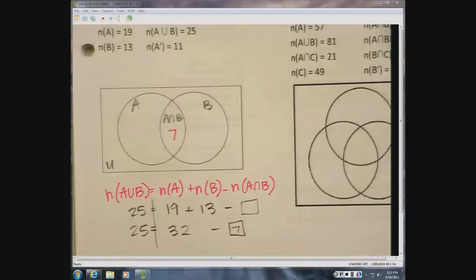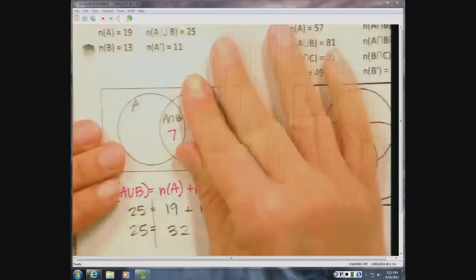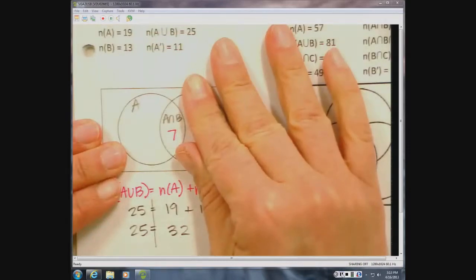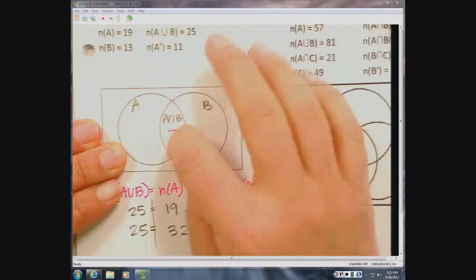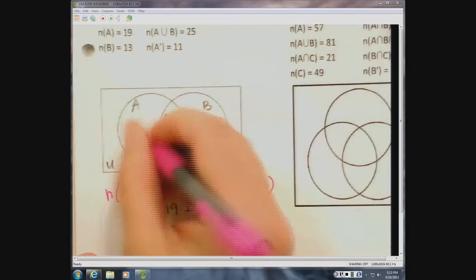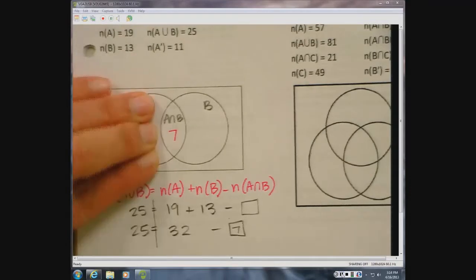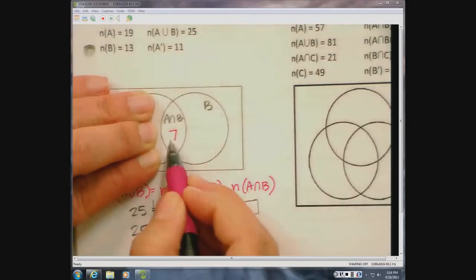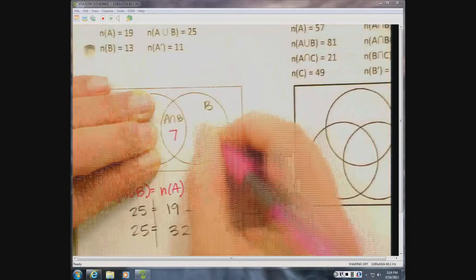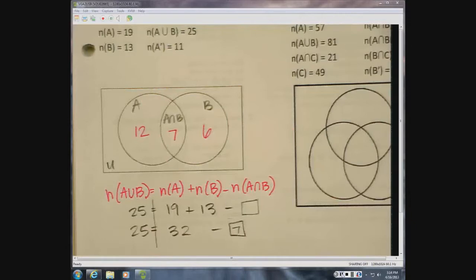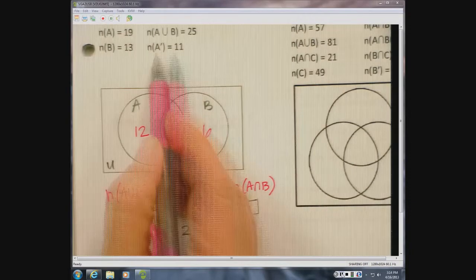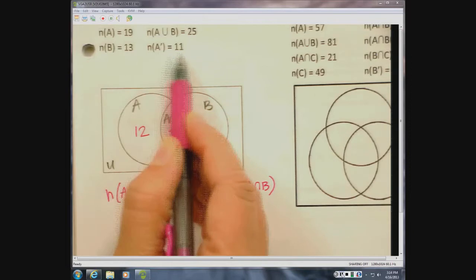Now that I know that, I can work my way out. A has 19 elements in it. 7 are here, which means the other 12 are here. B has 13 elements in it. 7 of them are here, which means the other 6 are here. The universal set's not listed, but I know that the number of elements in A prime is 11.